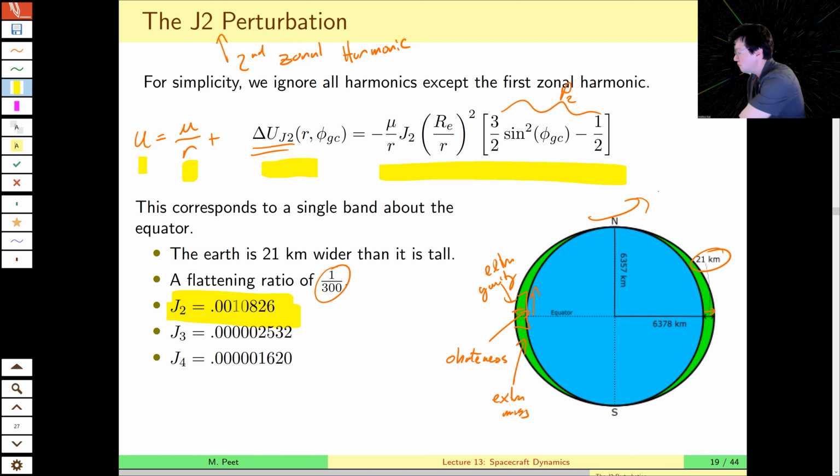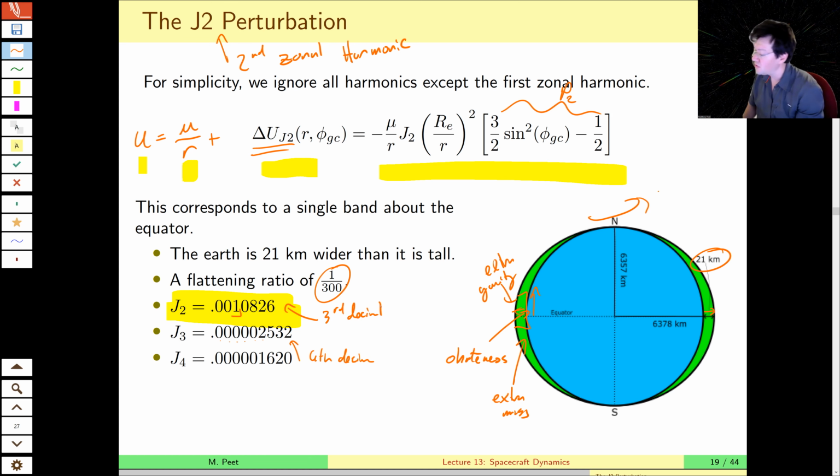So there's the third decimal place, whereas this is in the 1, 2, 3, 4, 5, 6 decimal places. And so the J2 perturbation is at least 1,000 times greater than any other perturbation.